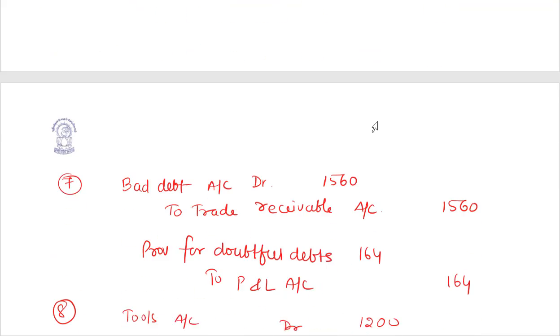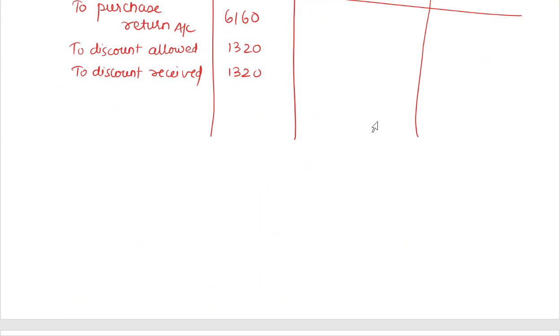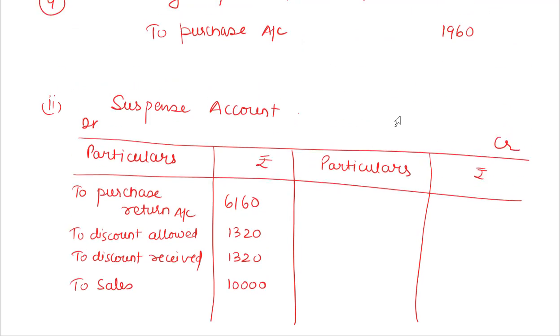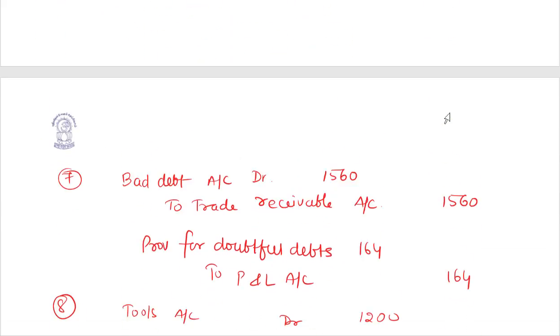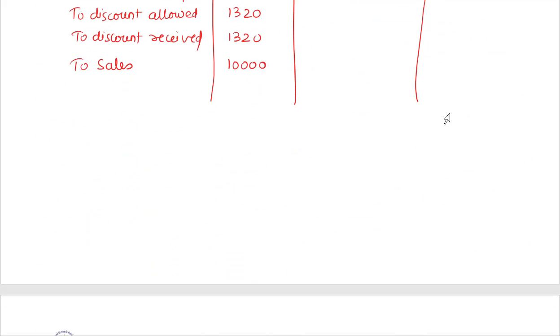Suspense to sales. So sales will be 10,000 over here. To sales 10,000. Suspense to customer. Customer 270. We'll record customer on the debit side. To customer 270.